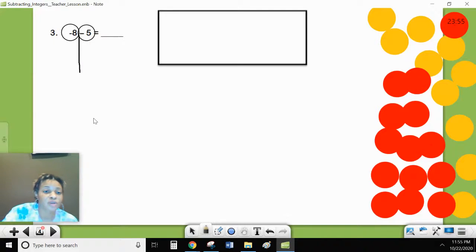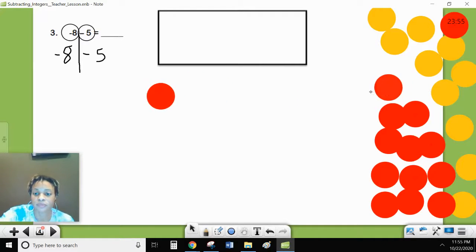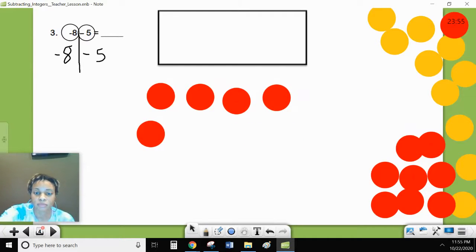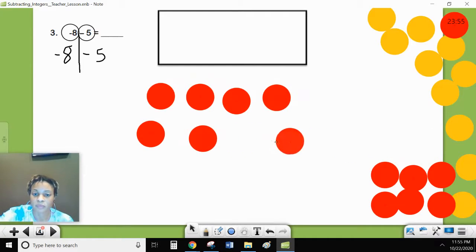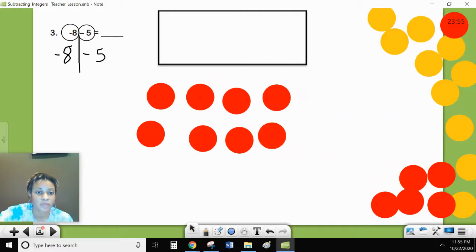What did I just circle? I circled the opposite of 8, which is -8, and I circled the opposite of 5, which is -5. So I circled a -8 and a -5. That's pretty easy. So we're going to bring them over. That's 8, and then 5.